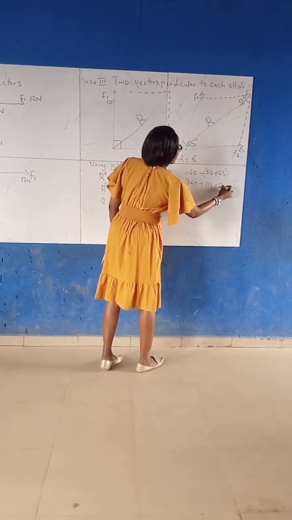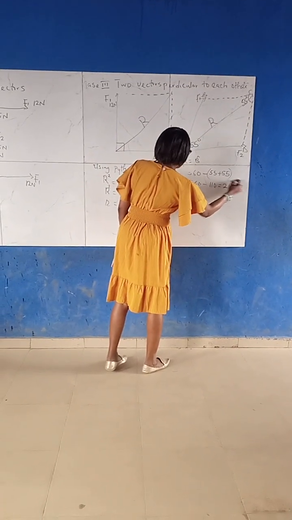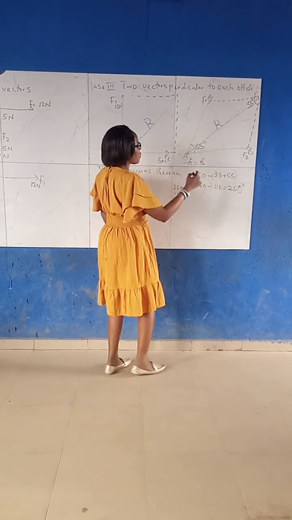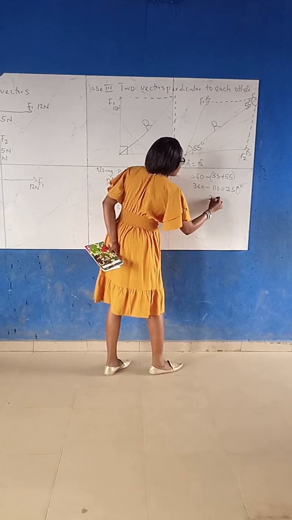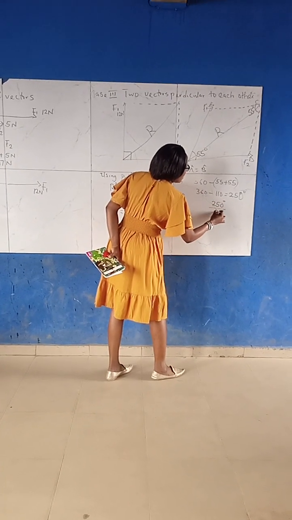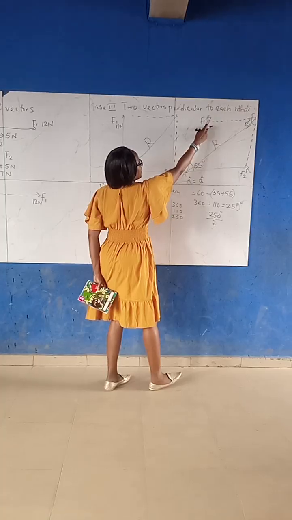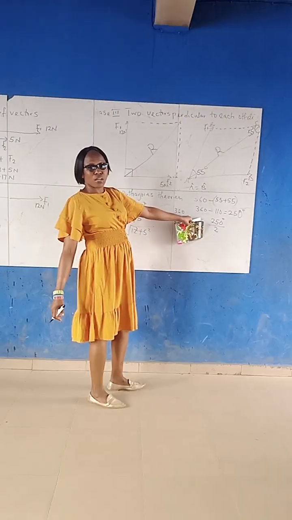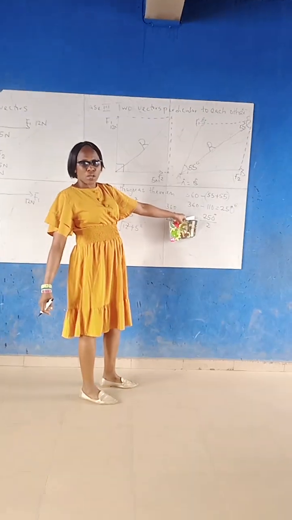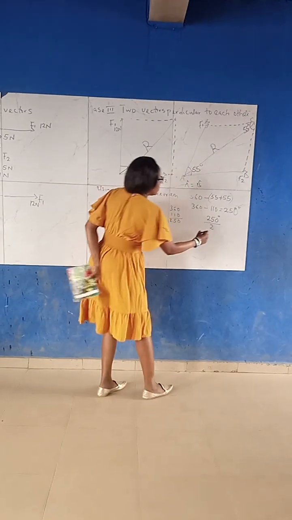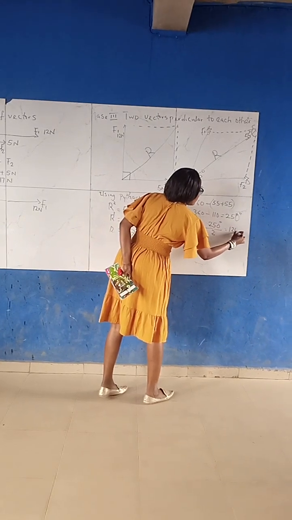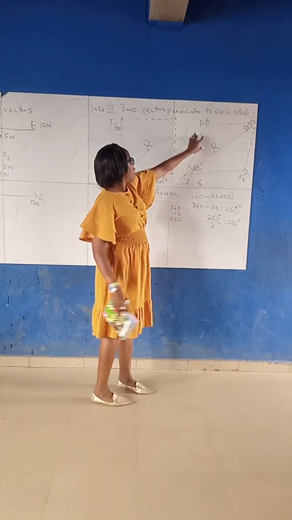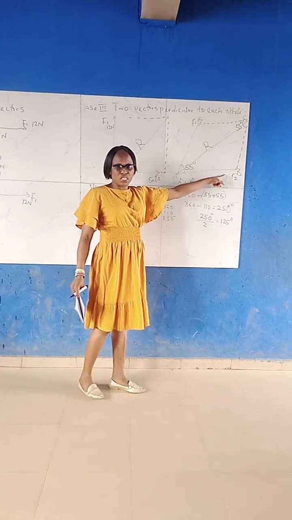So this is going to give me 250 degrees. So if B and D together are 250 degrees, for me to get B now, it's going to be 250 divided by 2, for angle B and angle D. So I'm going to divide 250 by 2, and that is going to give me 125 degrees. So angle B will give me 125, angle D will give me 125.